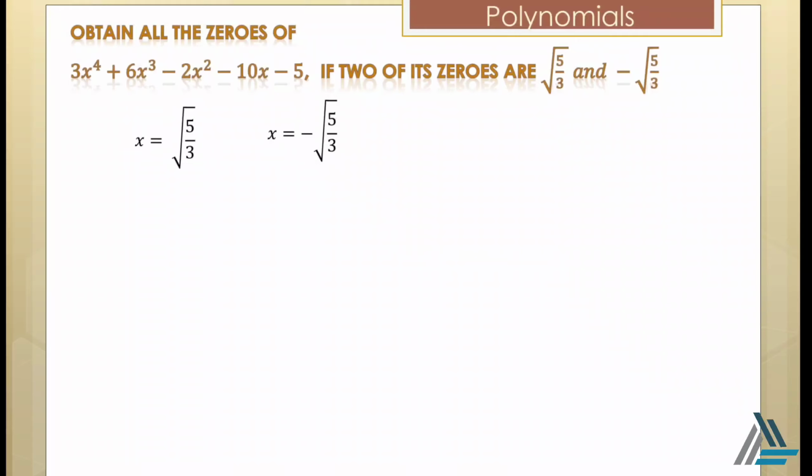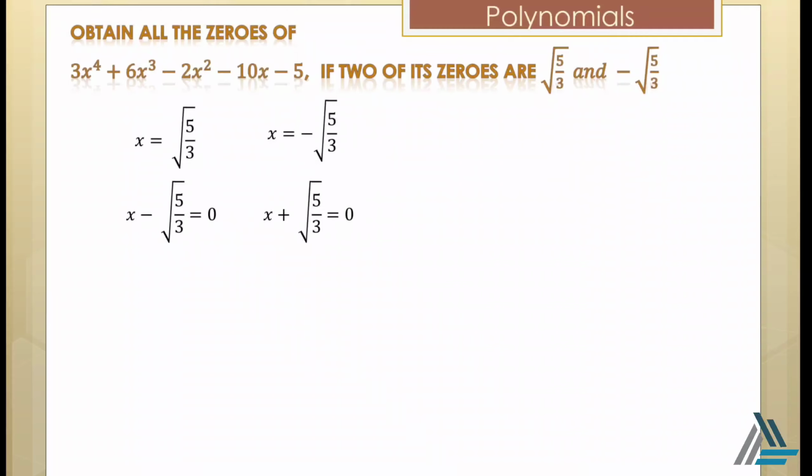Now we have to make factors from which these values of x can be found. Taking the root on the left side, we can write x minus root 5/3 is equal to 0, and similarly from the second term we can write x plus root 5/3 is equal to 0.